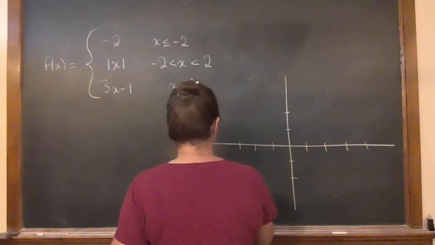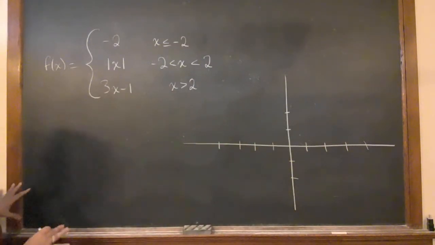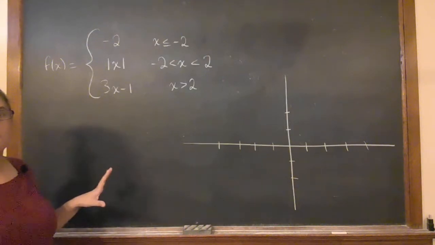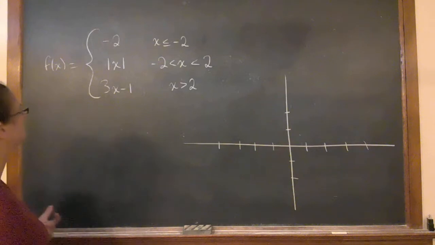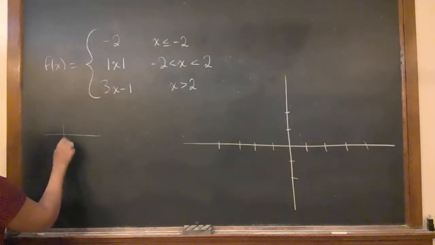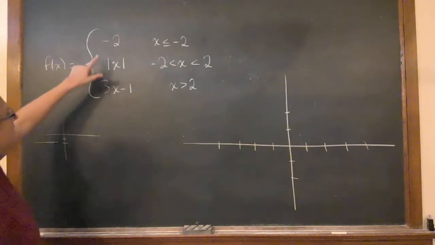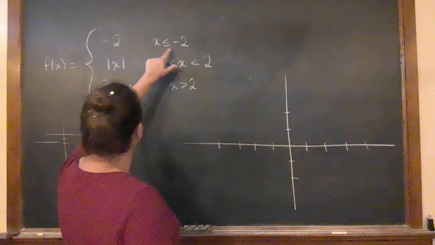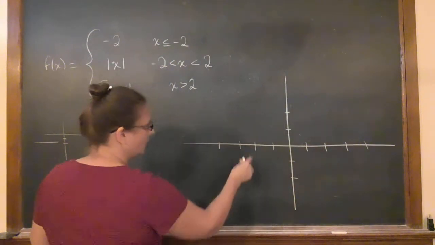If you know how to do these, you don't have to draw them separately like I'm going to. You can do them in your head. But if you're confused, sometimes it's good to draw them separately. So this first one, that's just a constant, right? That's just the constant value of -2. So the y value is -2 for x values all the way to -2.